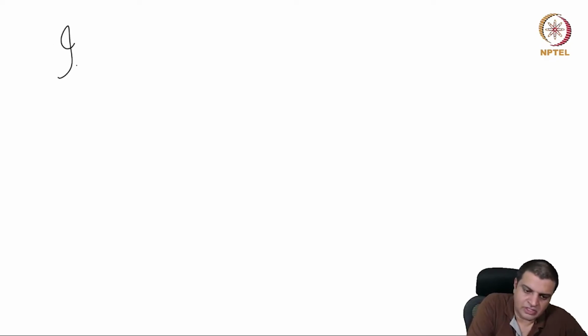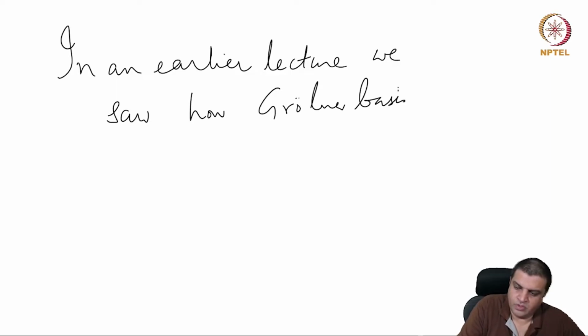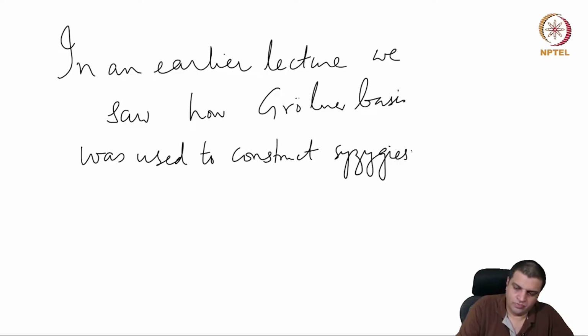In an earlier lecture, we saw how a Gröbner basis was used to construct syzygies of an ideal.